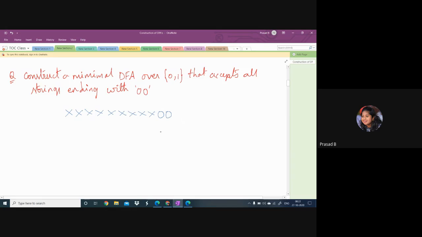So here the string is any combination of zeros and ones, and it should be ending with 00. So ending with 00, there will be so many strings, but the smallest string is 00. So accept 00 first. This is for first 0.